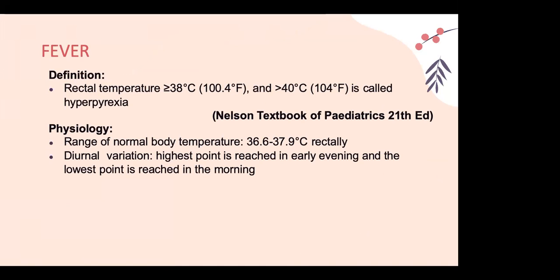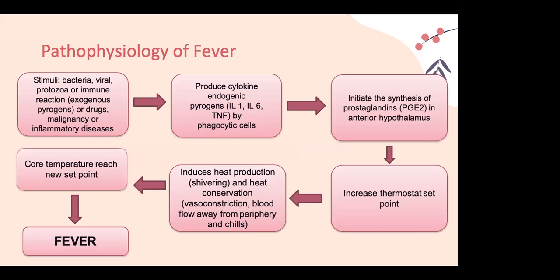Physiologically, our body has a range of body temperature between 36.6 and 37.9 Celsius, and our body also has a diurnal variation, where temperature is highest in the early evening and lowest in the morning.